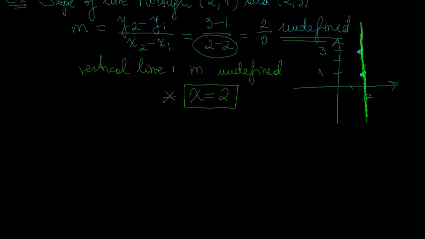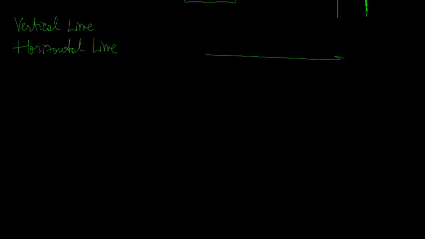In general, if I have, say, a point of coordinates, say a and b, if I have a vertical line going through that point, then the equation is going to be what?